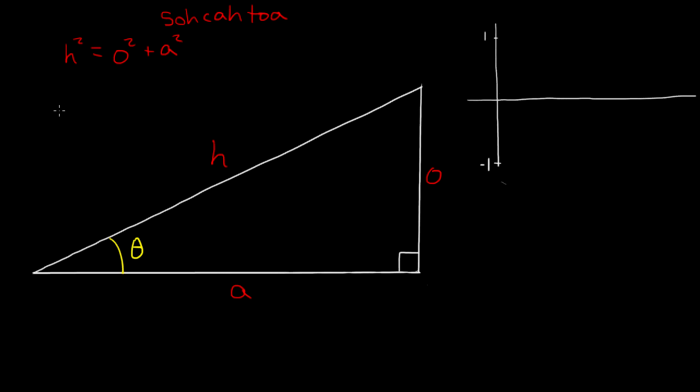Okay, so let's look at the sine. The sine of theta, this tells us that it's the opposite over the hypotenuse. So O over H. And now, don't be afraid of this. This is a number. If you ever can substitute that in, then you don't need your calculator. You just know what it is.